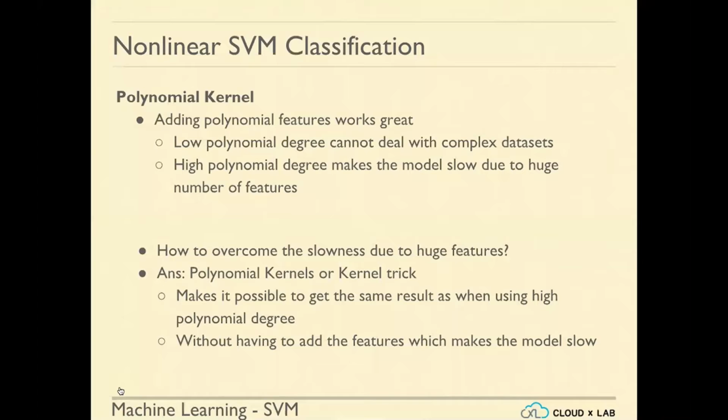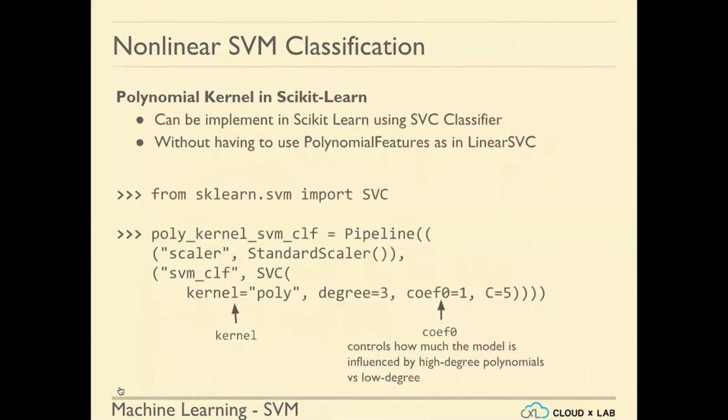So kernel trick is one such game whereby we come up with one or two clever features which basically make it possible to handle the nonlinearity. Okay, so it can be implemented in scikit-learn using the SVC classifier without having to use polynomial features as with linear SVC.